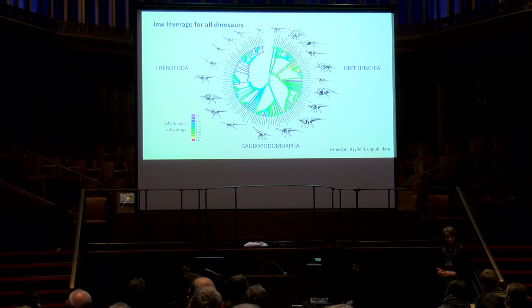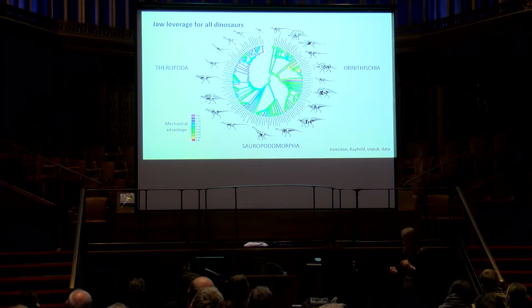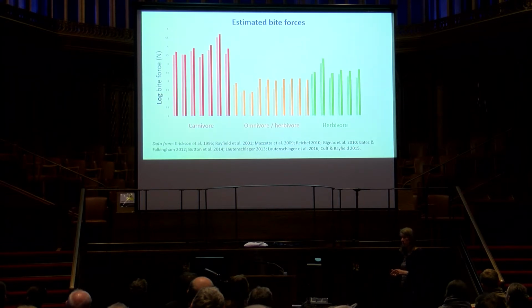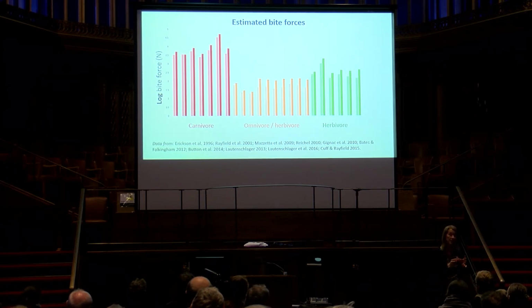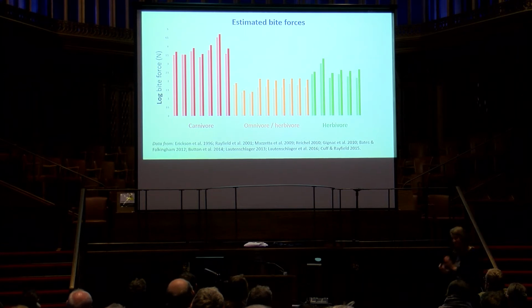But pretty much the whole of theropods relative to the rest of the dinosaurs have got fairly weaker leverage in their jaws. And this is interesting because it gives us a perspective of the whole of Dinosauria, but it also sits at odds with the fact that all of the estimated bite forces that we see for dinosaurs are much, much higher in theropods than they are in any of the other clades.